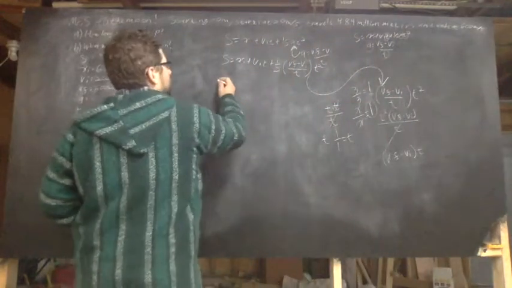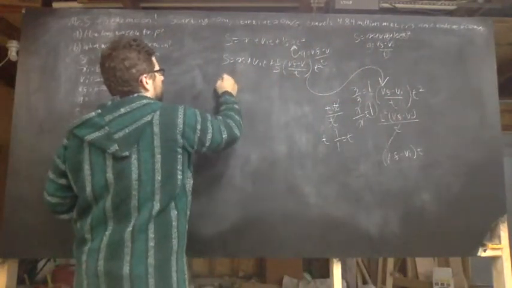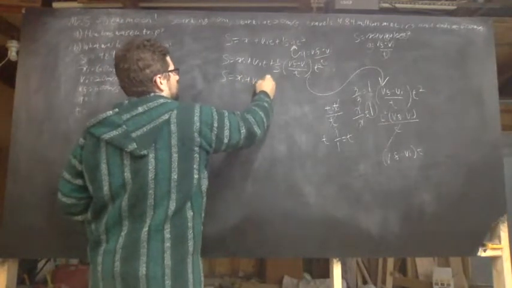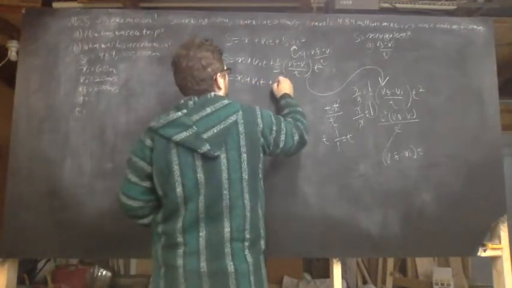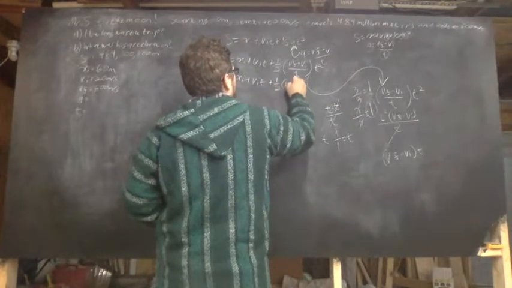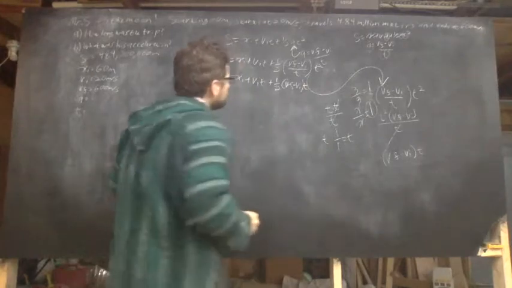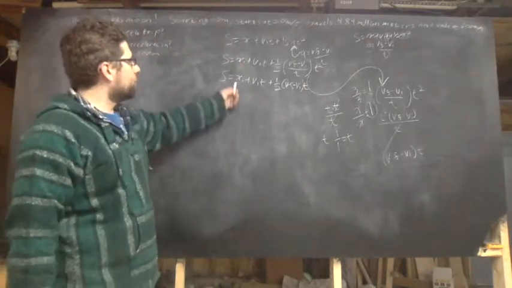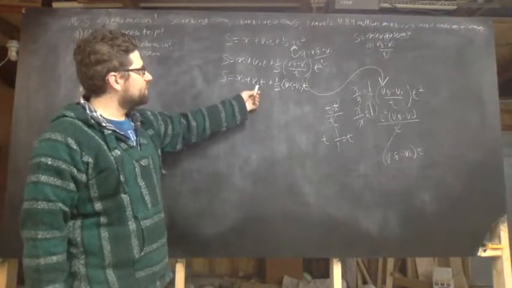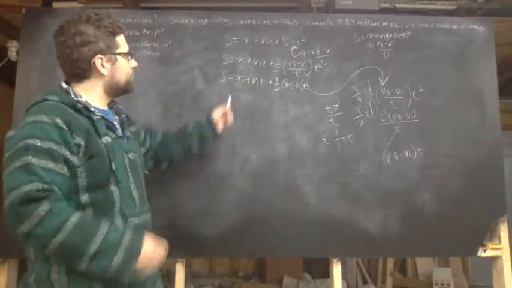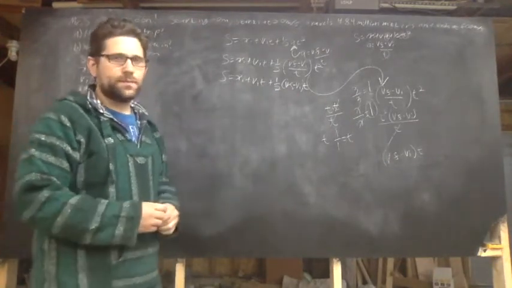So let's rewrite this, simplified. s equals xi plus vi t plus 1/2 (vf minus vi) t. I have numbers for s, xi, vi, vf, and vi, so I can solve this equation for t.